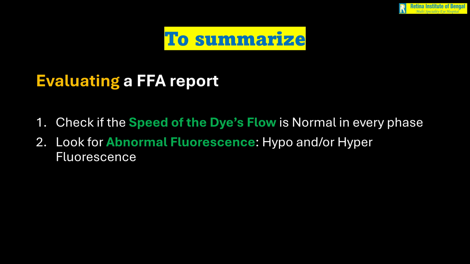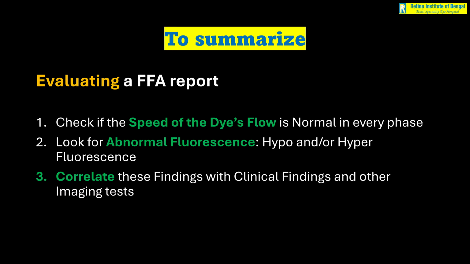Then look for abnormal fluorescence. Is there any abnormally dark area or abnormally white area? If it's an abnormally dark area, is it a blocked fluorescence or an area of vascular occlusion? If it's an abnormally white area, is it a leak? Is it an area of pooling? Is it an area of staining, or is it a window defect? And for that, just keep going back to the fundus photo and then correlate. And that's the most important.